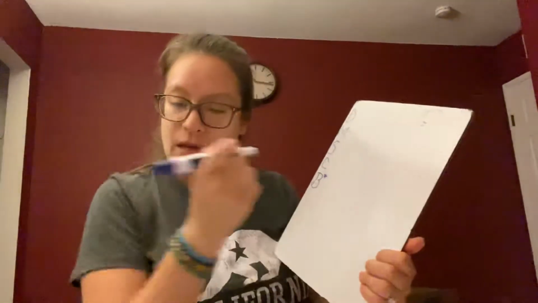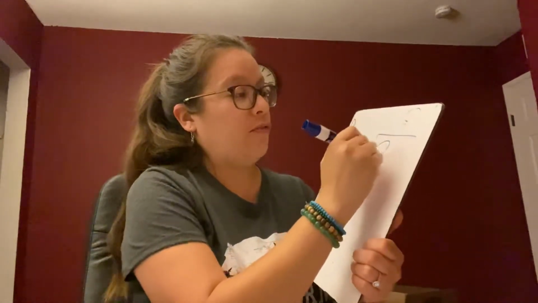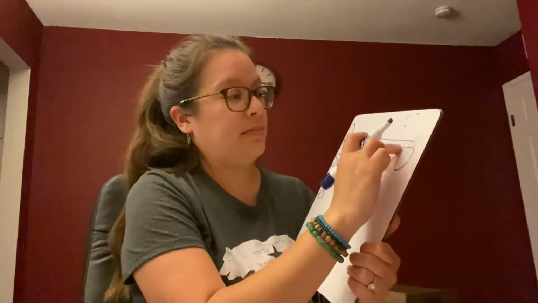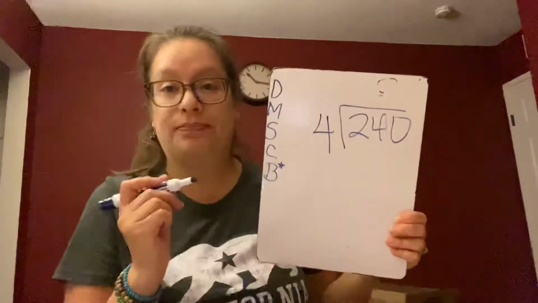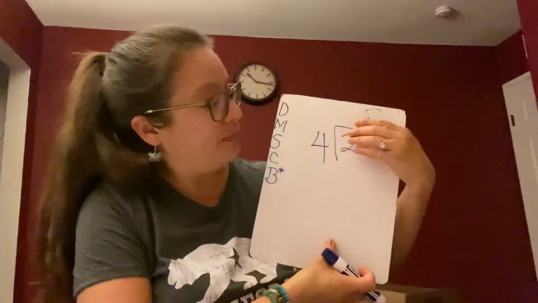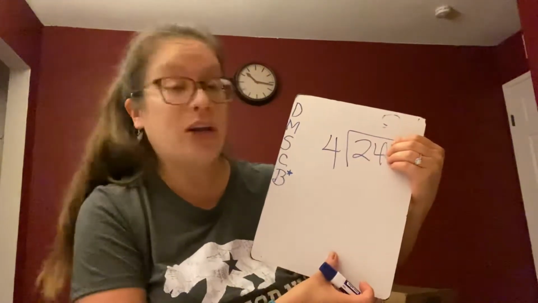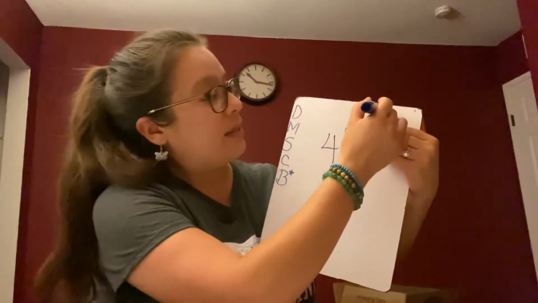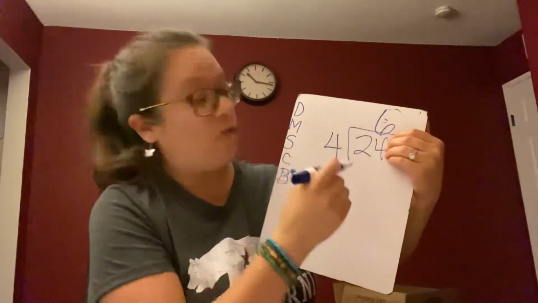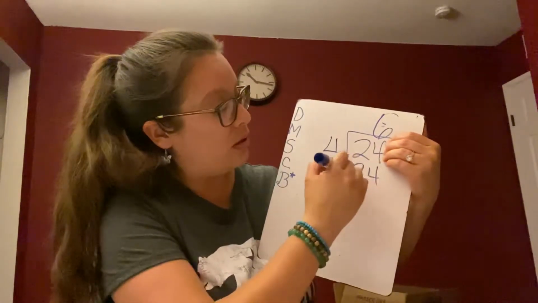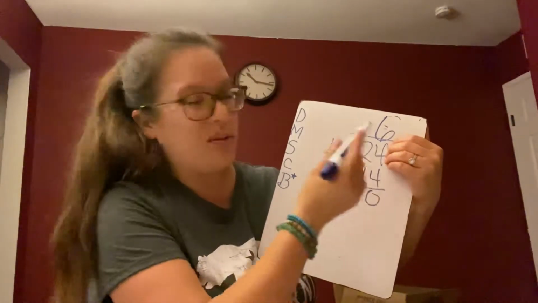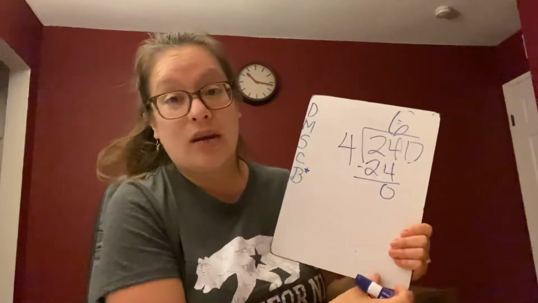Okay. 240 divided by 4. Digit by digit. 4 cannot go into 2, but it can go into 24. How many times? 6. 4 times 6 is 24. Subtract 0. I'm not even going to put the 0 there. Okay. Can I bring something down?